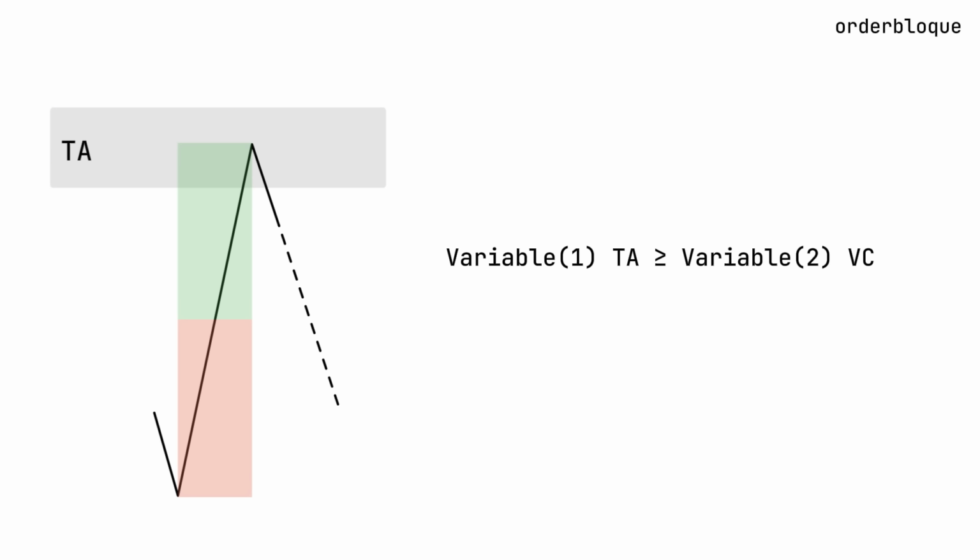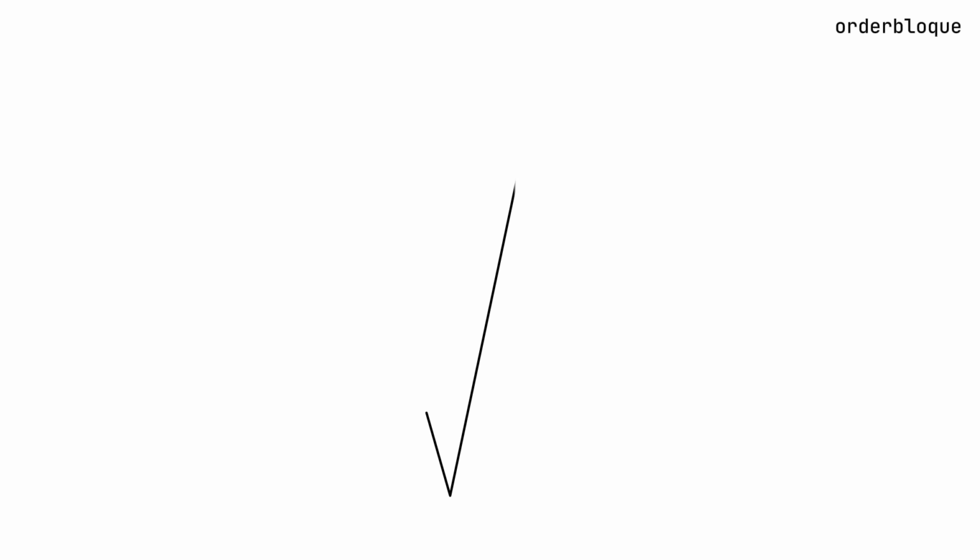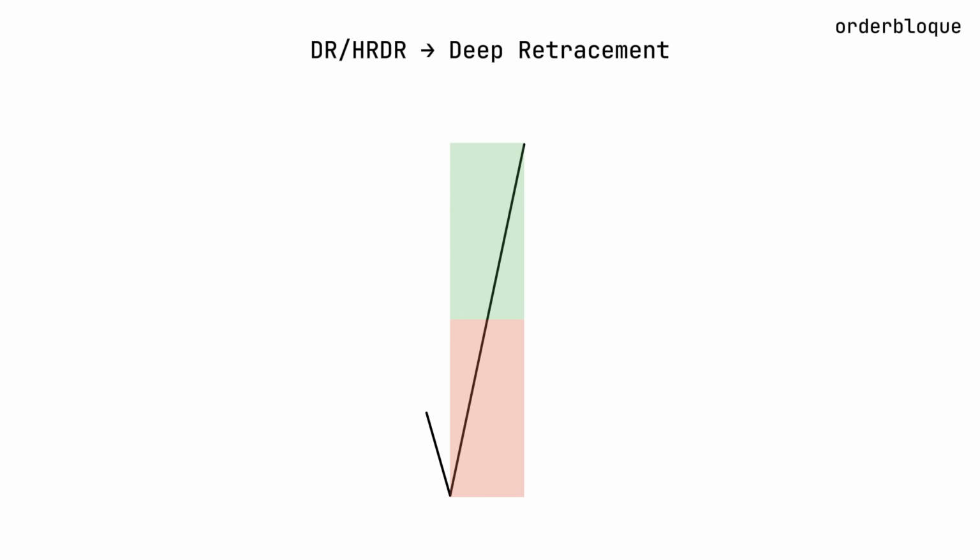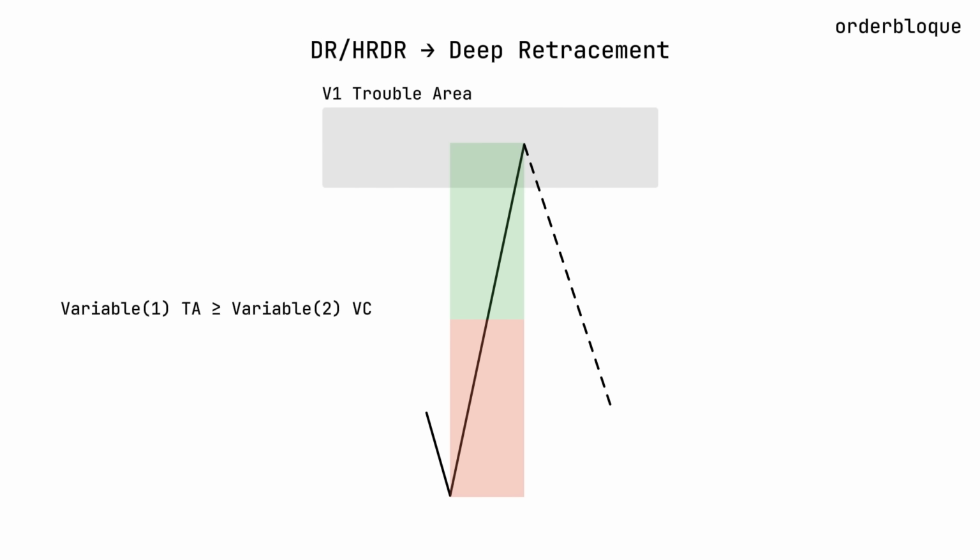Only instead of zone of interest, it will be trouble area. It's simple. As a result, it turns out that a dealing range or high resistance dealing range is a deep retracement, where variable 1 trouble area is equal to or greater than variable 2 volume confirmation. Schematically, it looks as follows. Accordingly, we can assume that in the context of volume confirmation, the price is more likely to correct more deeply.